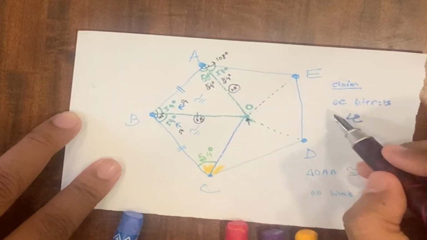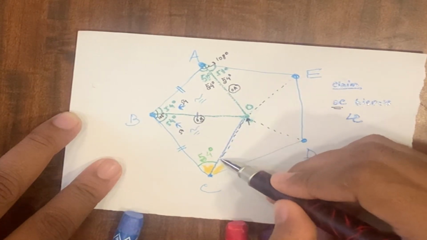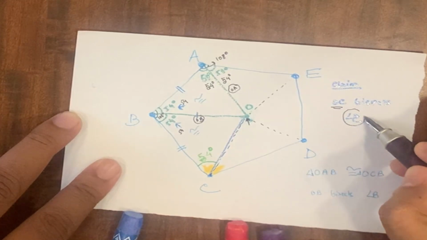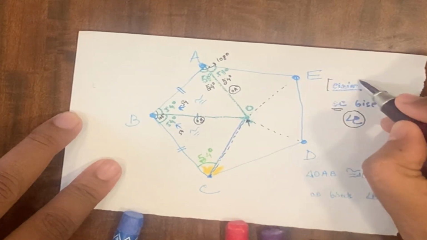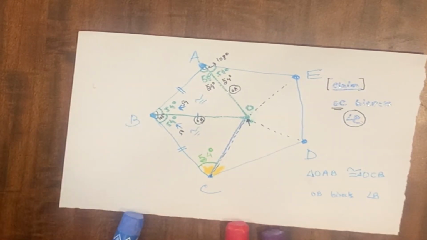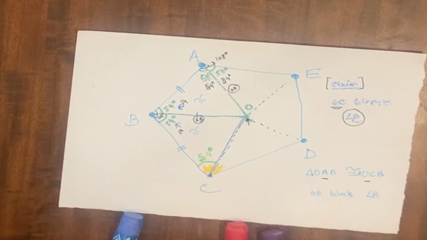What we want to show is that if we just join OC, I'll connect these 2 points O and C, then OC will bisect angle C. That is my claim. And we are going to show this by a congruence of triangles.